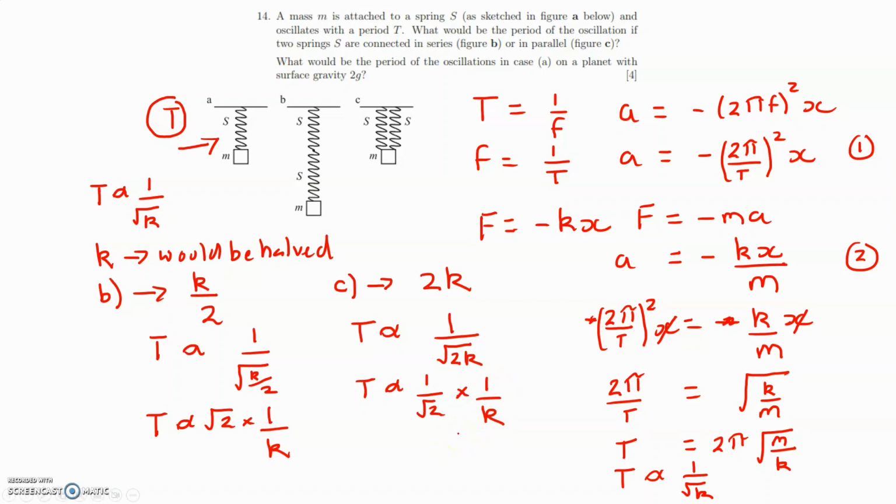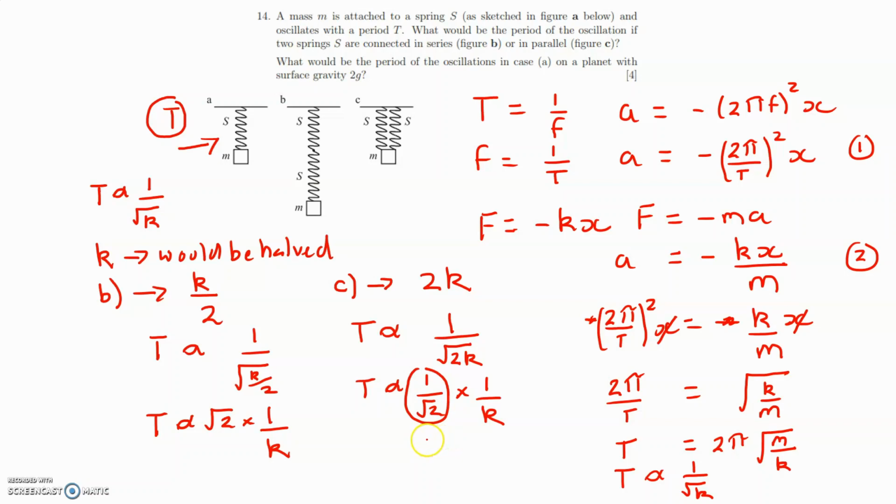Now we can see that the period would change by a factor of 1 over root 2. So our period is going to reduce by a factor of 1 over root 2. So when they are in series, the period will increase by a factor of root 2, but when they are in parallel, the period will decrease by a factor of 1 over root 2.